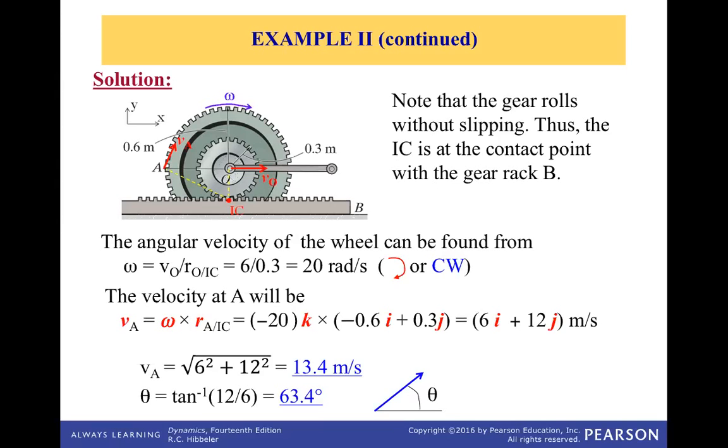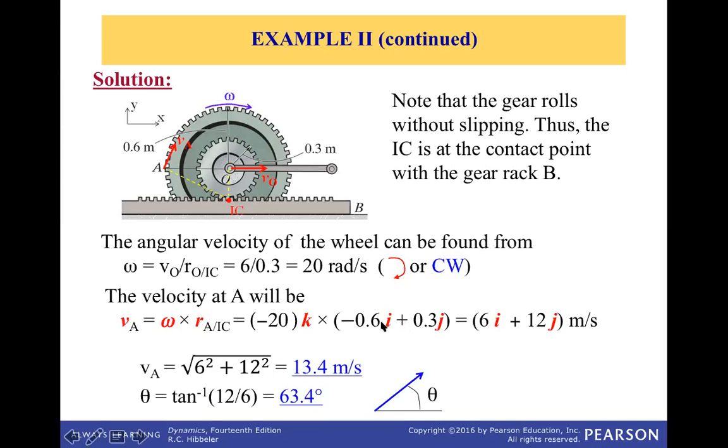That's why when this omega plugs in the number, it says minus 20k. That means the direction of your omega vector is actually pointing into the screen, the negative k direction. So pay attention to the negative sign here.